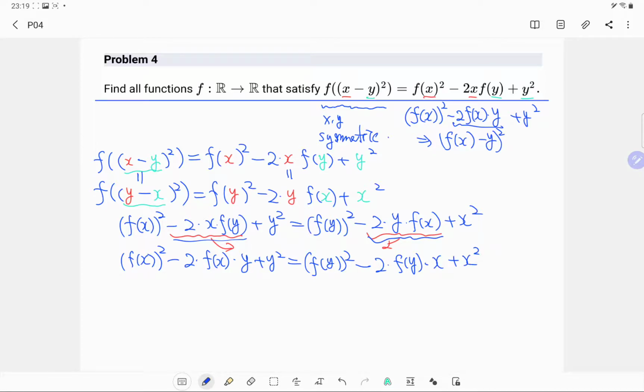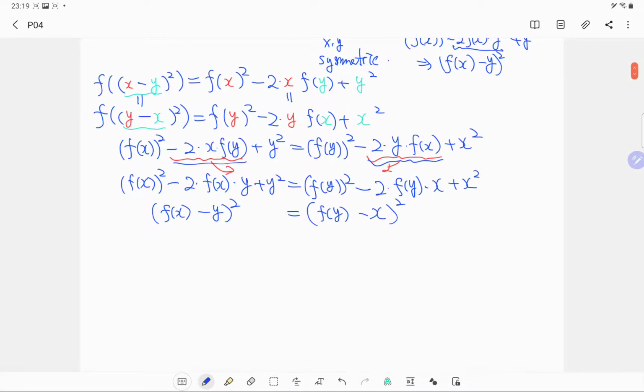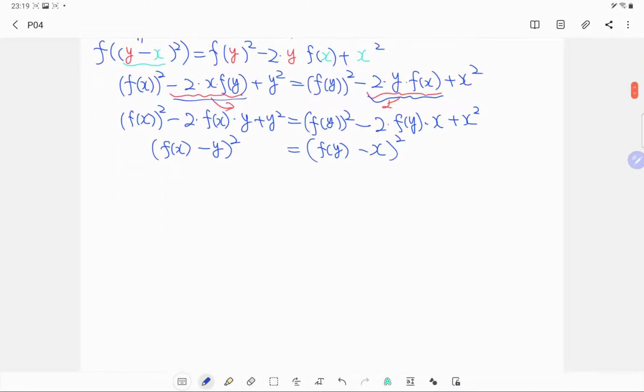So we successfully swapped the x and y for the middle term. And in that case, we can complete the square on both sides. On the left hand side, we have (f(x) - y) squared equals (f(y) - x) squared. So we can take the square root on both sides, but remember to add a plus or minus sign on either side.